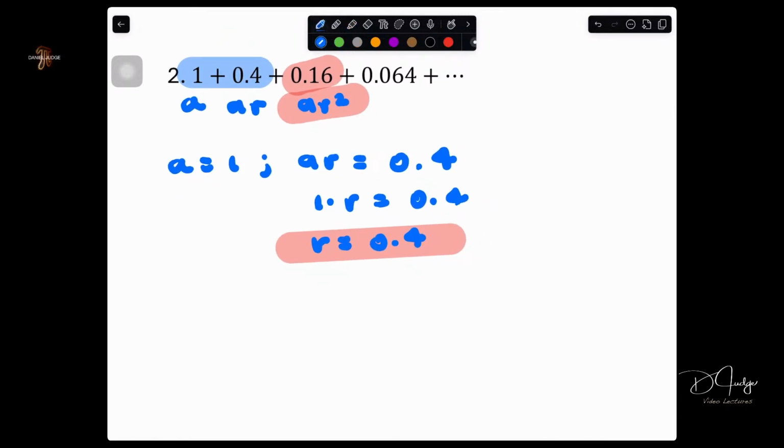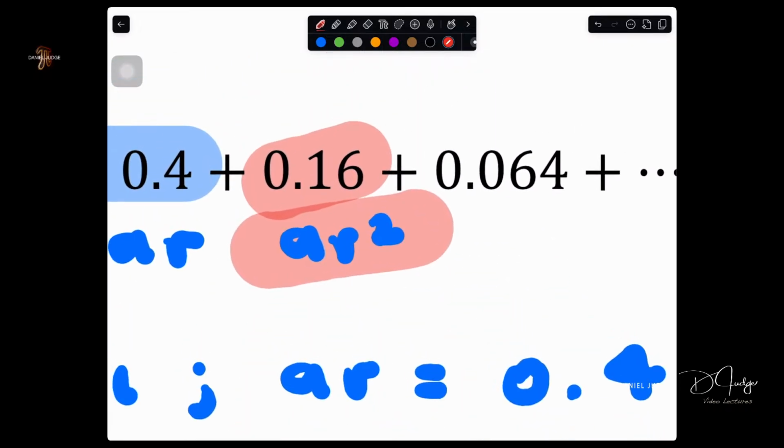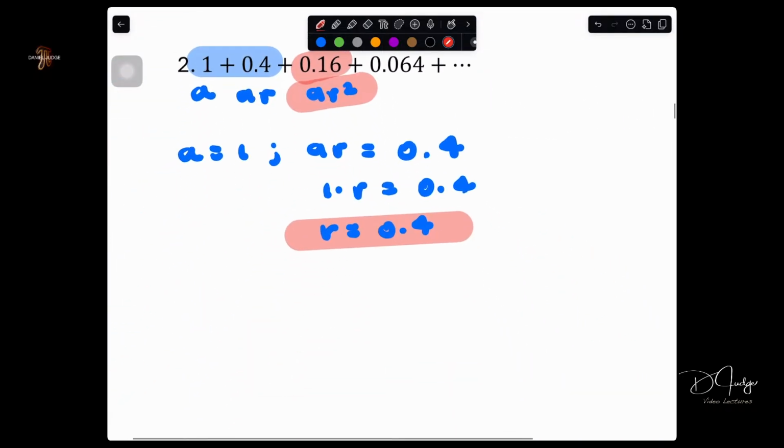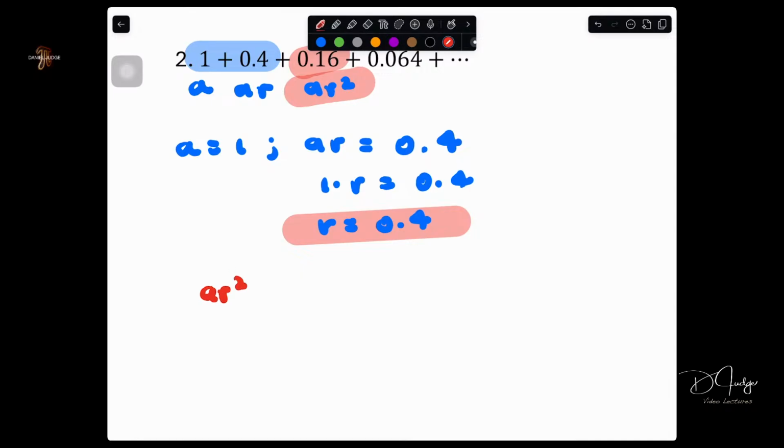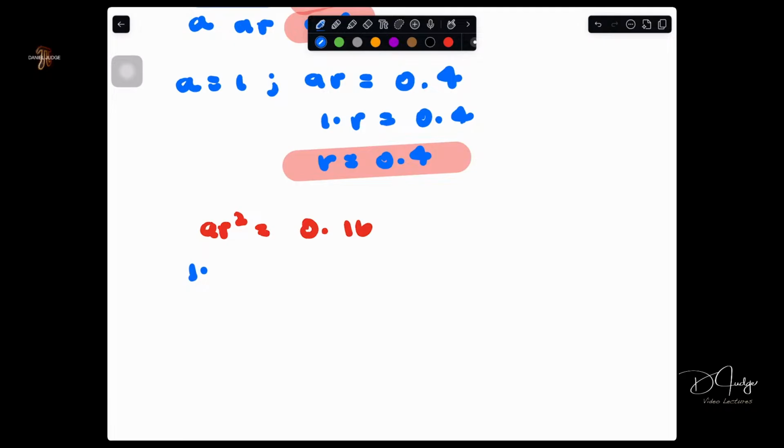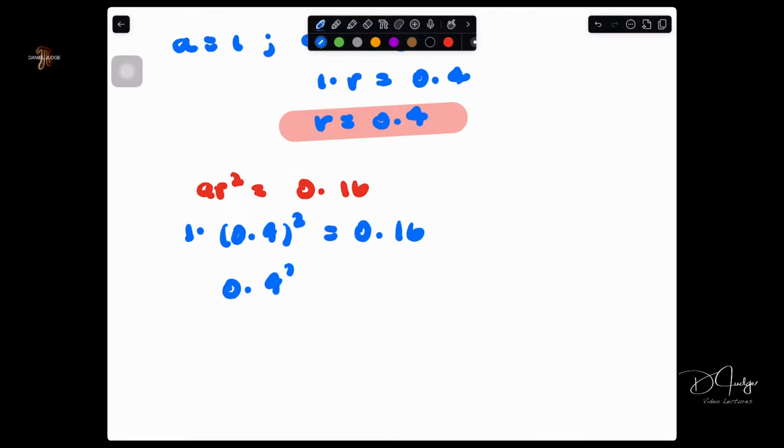Now, we have to verify the third term. AR squared needs to be 0.16. So, is AR squared 0.16? Well, 1 times 0.4 squared should be 0.16, which means 0.4 squared, sure enough, is 0.16. That is actually true. So 0.4 to the second power is 0.16.